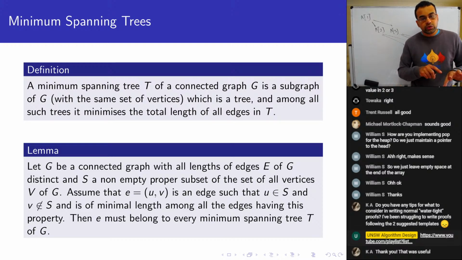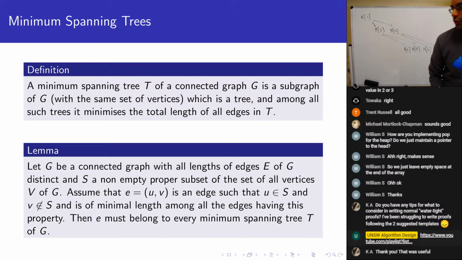Then consider all the edges between that subset and the outside of that subset, so all edges across that frontier, right? Then the smallest length edge among all of those must belong to every single minimum spanning tree of the graph. Okay.